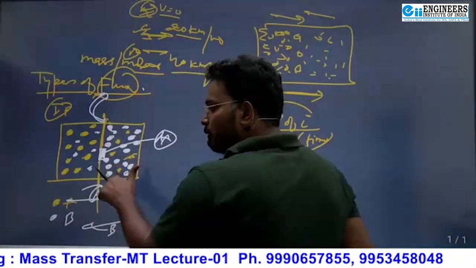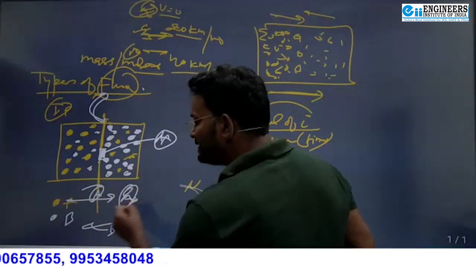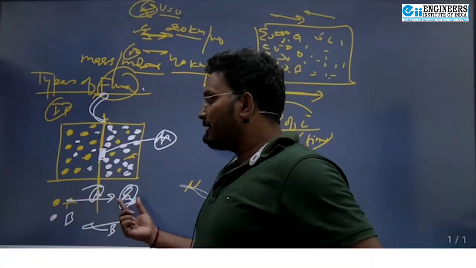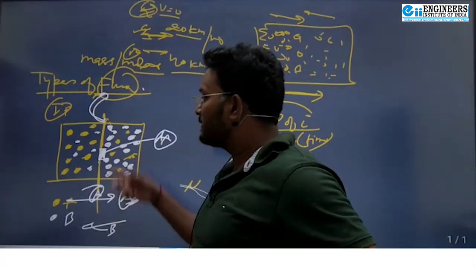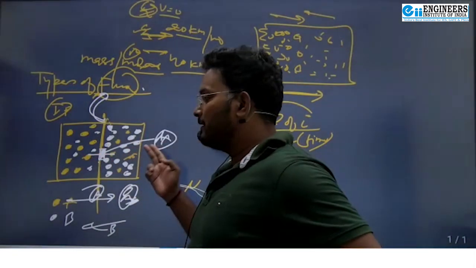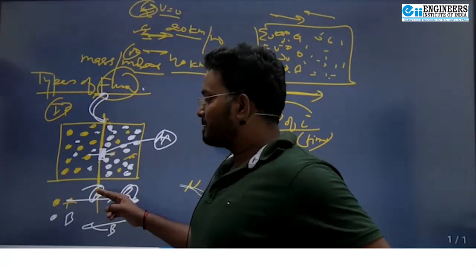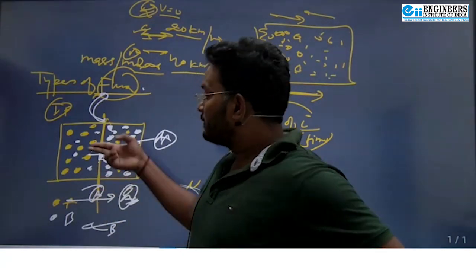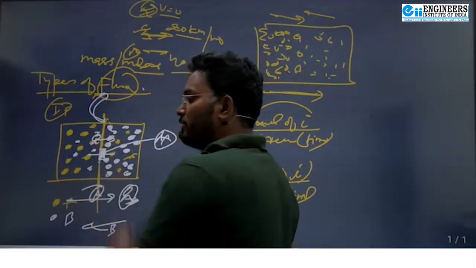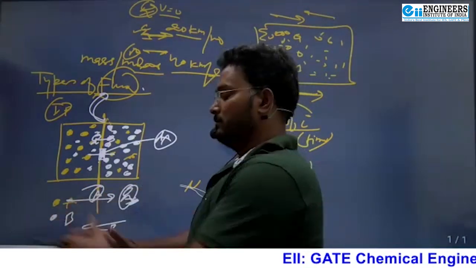Firstly, when the observer is stationary, in a fixed reference frame, we measure the flux with respect to a stationary reference frame, meaning the observer measures the rate of transfer of A through this area, and it is called N. Now, if you measure the flux of A again, but when the observer is moving with some velocity, moving along with the molecules of A, then what happens?